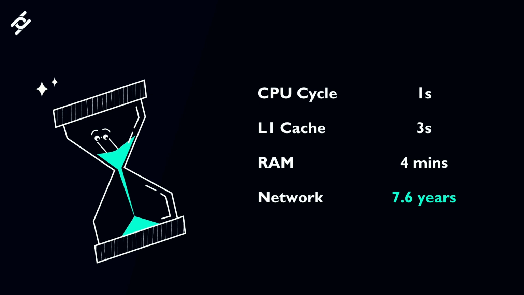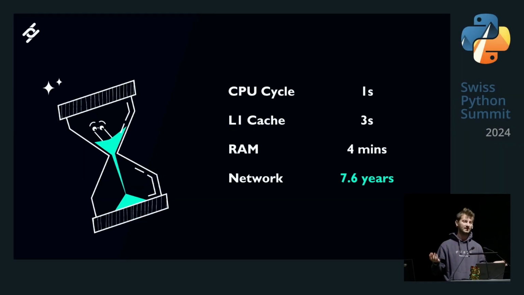So let's say, for the sake of the argument, that a CPU cycle lasts 1 second. It doesn't. It's in the order of fractions of nanoseconds, but it doesn't matter. Let's say it lasts 1 second. Then, how long does it take to fetch some information to the L1 cache, the fastest memory outside the CPU itself?